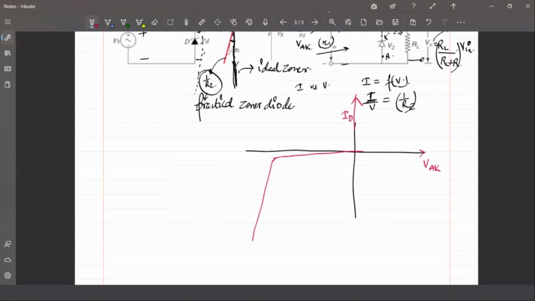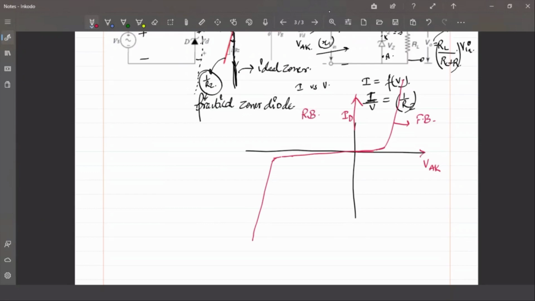And in the positive half, we know it will be similar to that of your PN junction diode, like this. So here, this region basically is the forward bias condition. This is the reverse bias condition here.